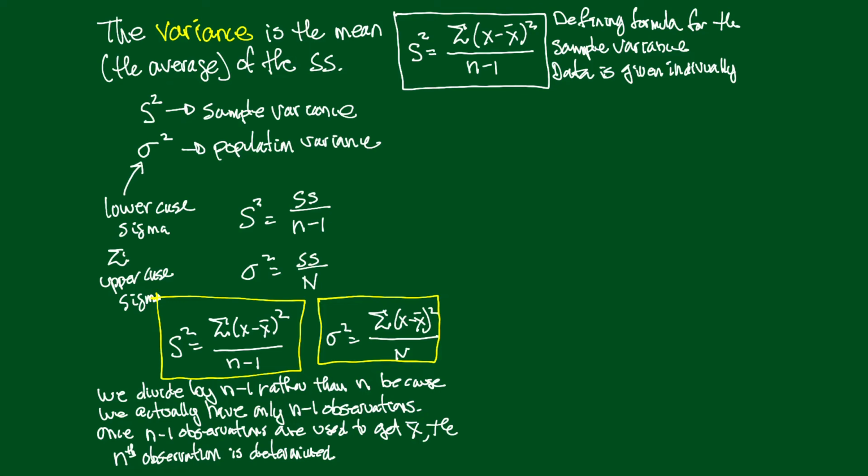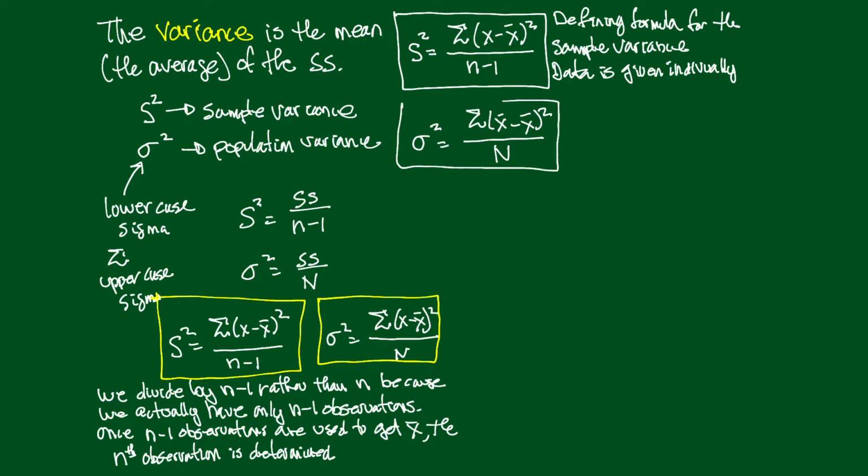Then the next one is going to be for the population, so we're going to write sigma squared. That's equal to, top is still the same as the last one, the summation of x minus x bar squared over n. That's the exact population size.